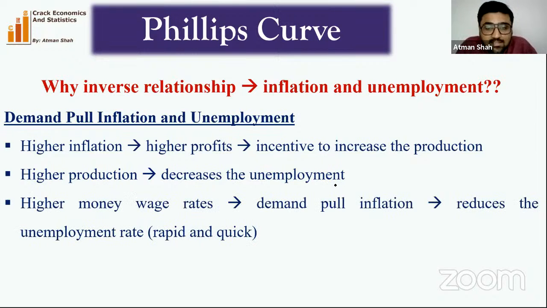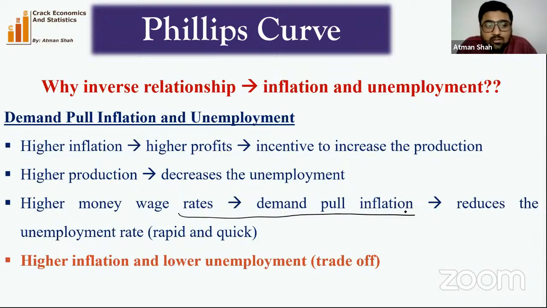So higher money wage rates lead to demand pull inflation, and demand pull inflation reduces the unemployment rate because this demand pull inflation increases the profits, and profits lead to more production in the economy, which in turn reduces the unemployment. So therefore, we have this trade-off between inflation and unemployment. So if we have higher inflation in the form of demand pull inflation, we have lower unemployment. Now keep in mind that this process is rapid and quick.